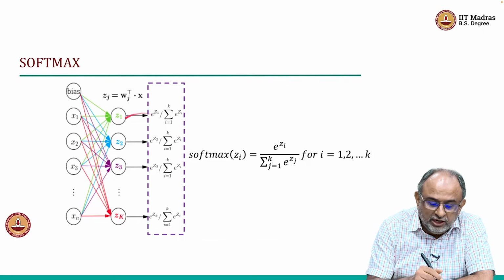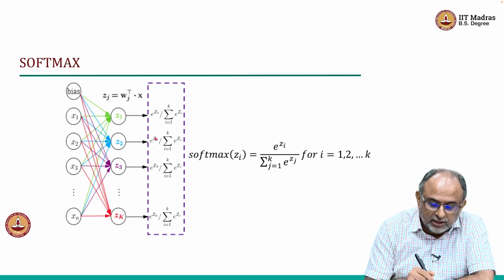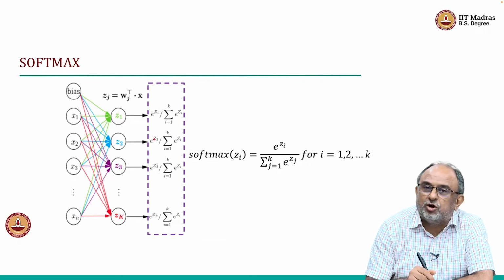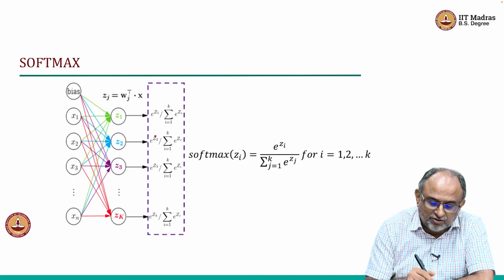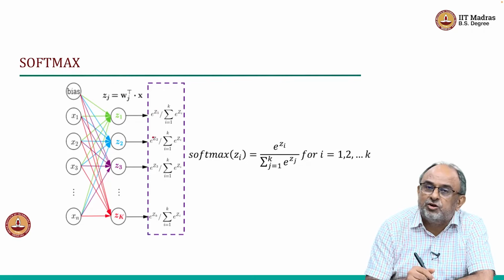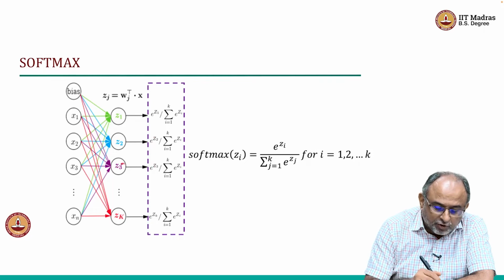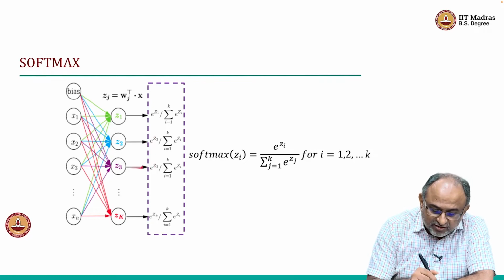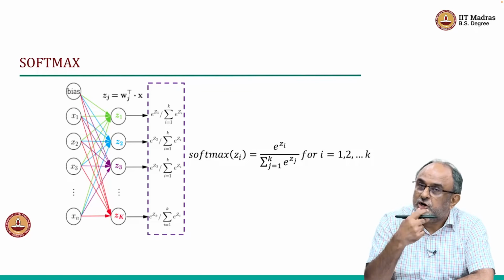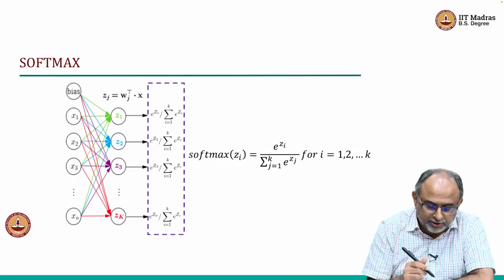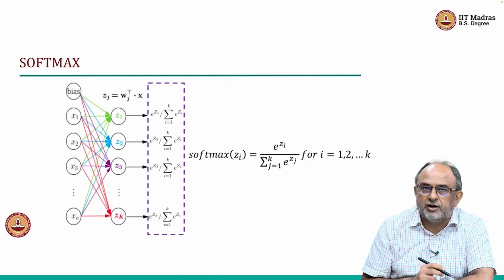So this e to the power of z1 is non-negative. E to the power of z2 is also non-negative. Whatever be the value of z2, it can be 0, minus 1, plus 1, it will always be non-negative. E to the power of z3. So we take this linear combination, this number, and I am raising e to the power of z. So already some non-linearity is coming into the picture, e raised to the power of z of k, right?